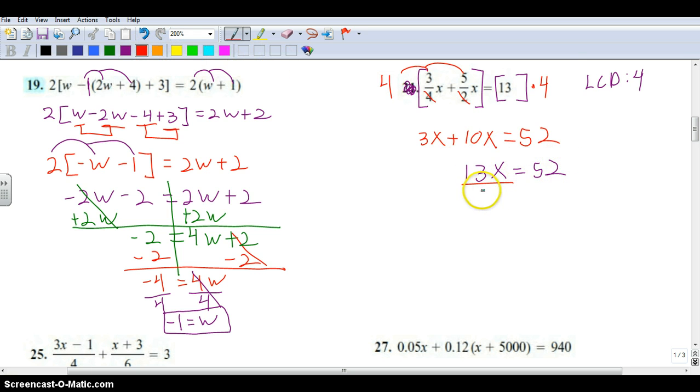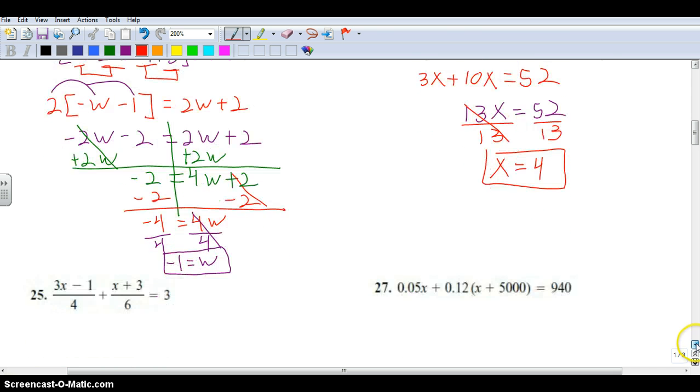And then I believe when we divide 13 on both sides to figure out what x is, I believe we get 4. Okay, once again, not that bad. Like I said, we kind of already did stuff like that, so that shouldn't really be a shocker right there.